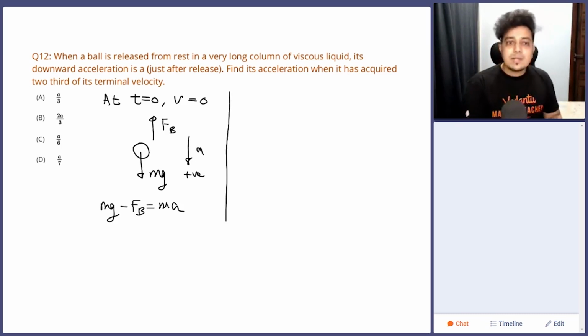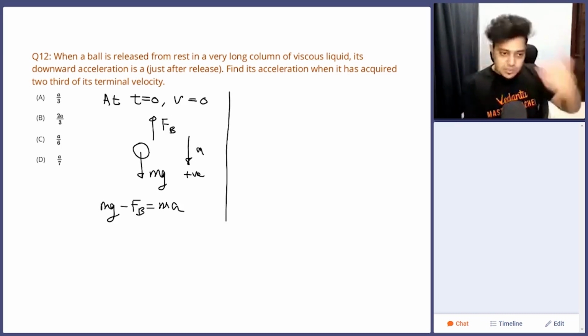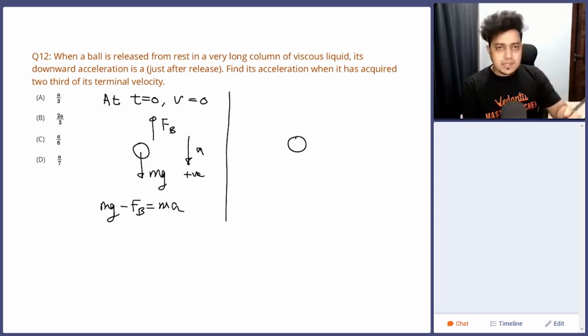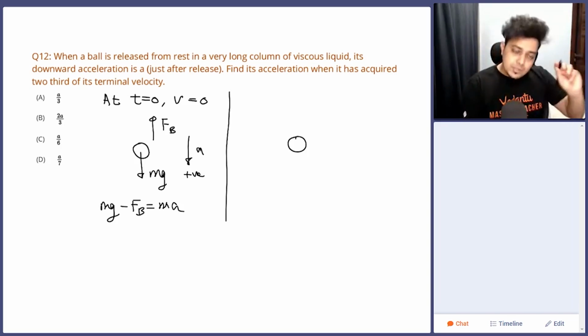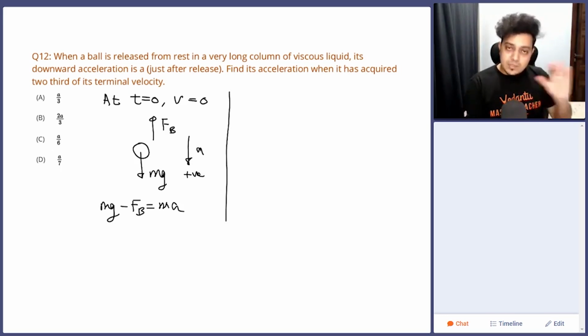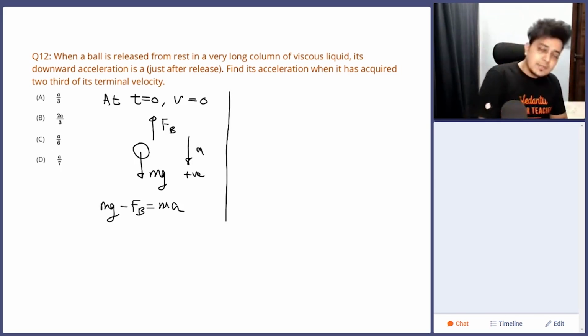Now we have to calculate for another scenario. So this motion continues, and later on it will acquire velocity because of the acceleration. Speed will increase. There will be viscous force. So there will be an instance where we have to find out its acceleration, when the velocity is 2/3 of the terminal velocity. Okay, cool.